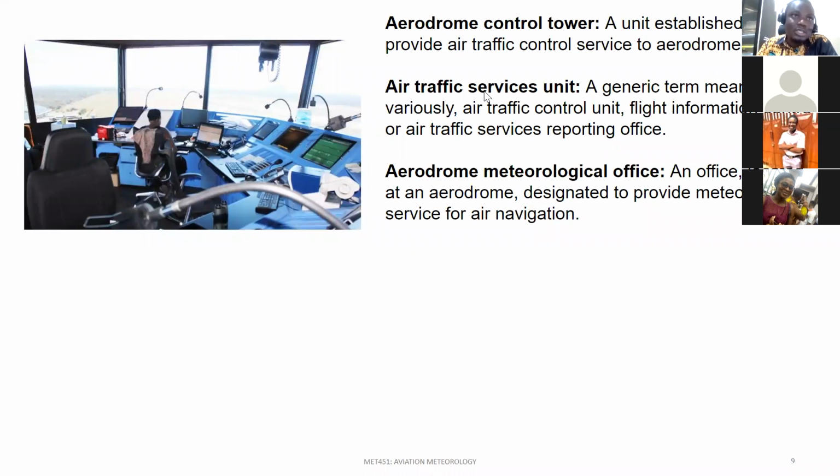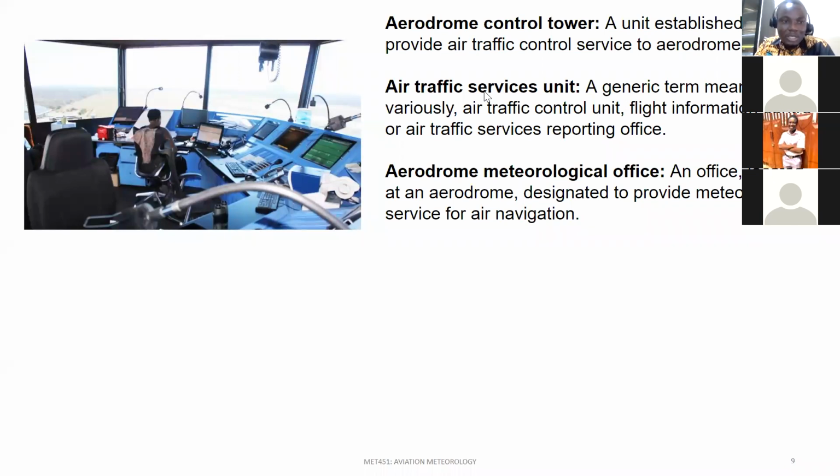And it includes beyond just the ATC, also the flight information center, and then also other general reporting works that need to be done. So by the air traffic services unit, you're not just looking at the ATC, which is the one controlling the movement of the flights.